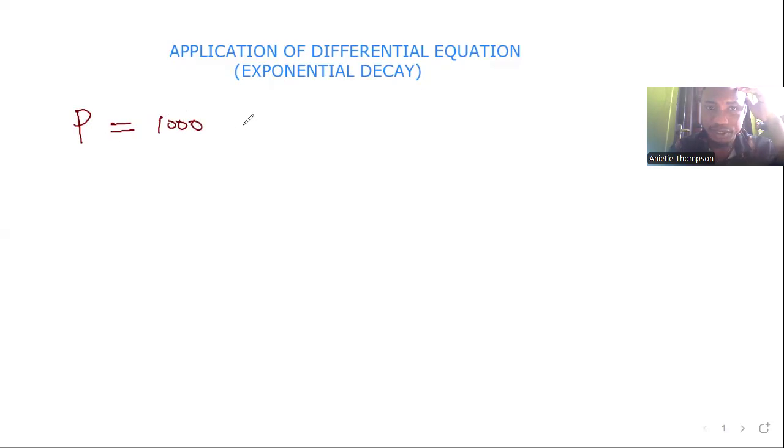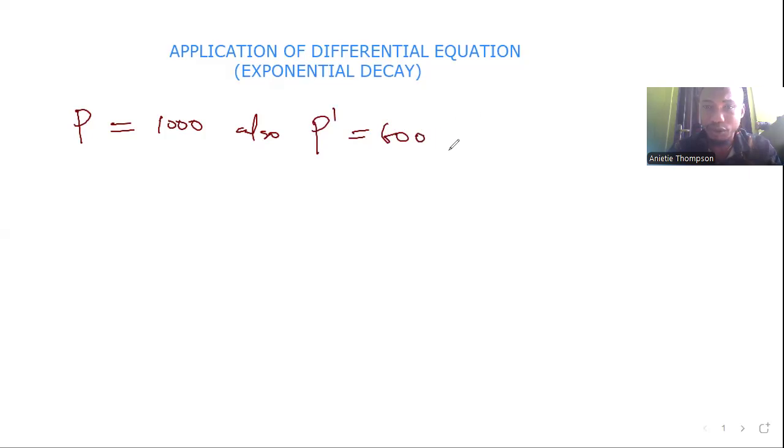Let's also have this understanding, a belief that this bacterial system will increase after an hour by about 600 of the size of the initial population. So the rate of change P prime after 1 hour equals 600.